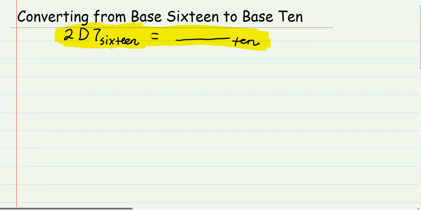Now, in order to actually understand what this is all about, we first need to think about the number 2D7 in base 16. What does that mean? It means that the number has 3 place values.